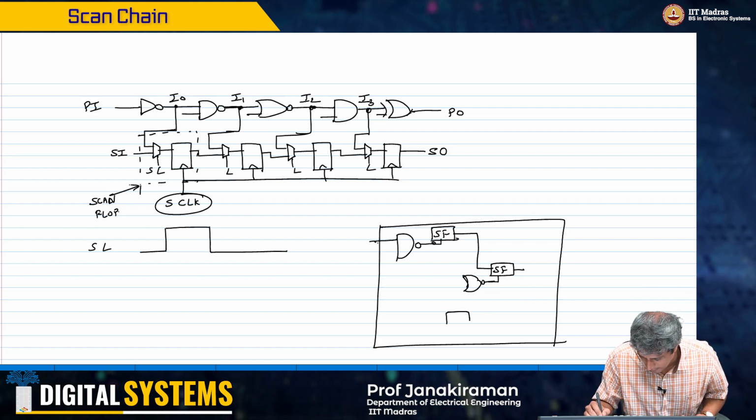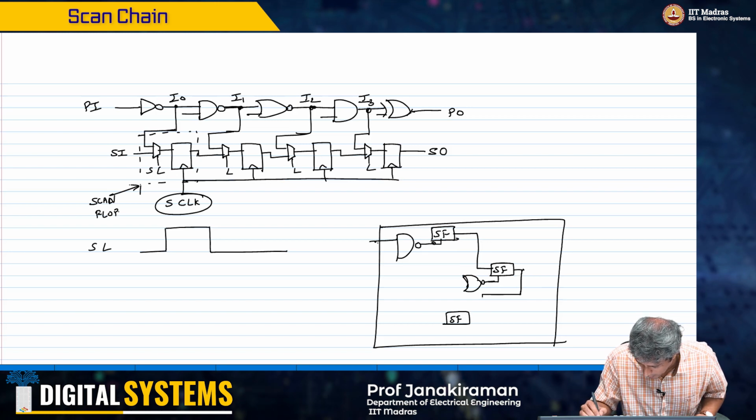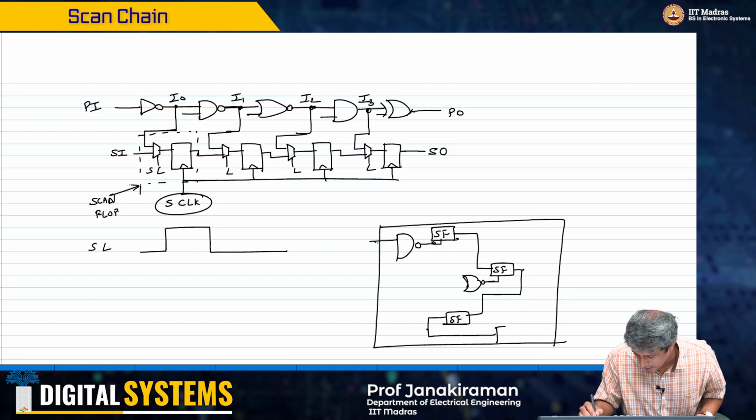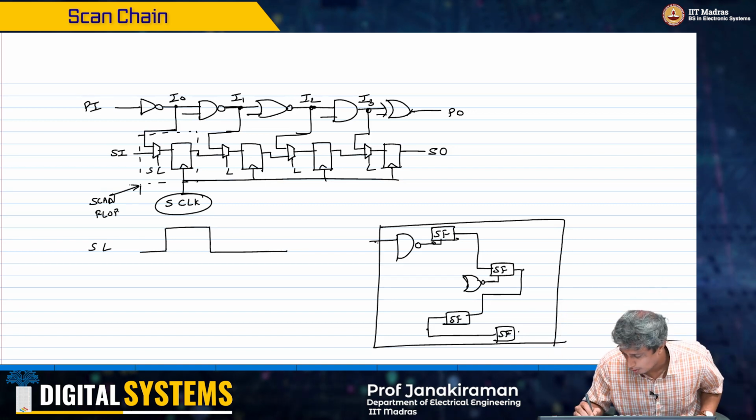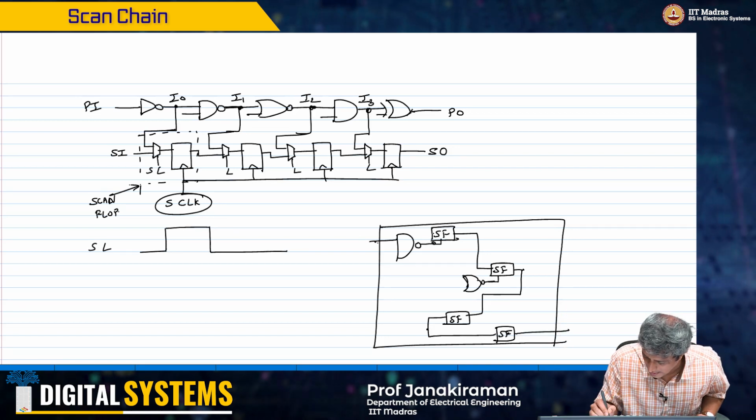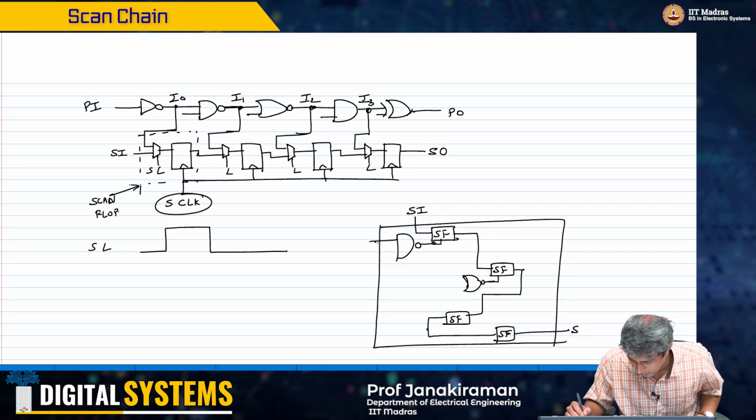The third scan flop could be here, and effectively you feed it like this. So physically this could be sitting in any x comma y coordinate of your combinational block. This will be my scan in, this will be my scan out.